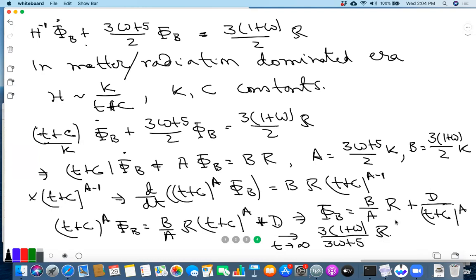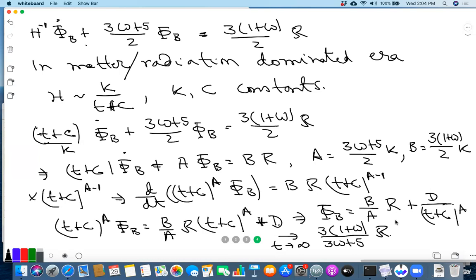So what this is saying is that in the inflationary phase, phi b is 0. Once the universe becomes radiation dominated, phi b starts changing, and quickly it approaches the value 2/3 r. Then when the universe changes from radiation to matter dominated, again phi b starts changing, and it settles down to the value of 3/5 r.